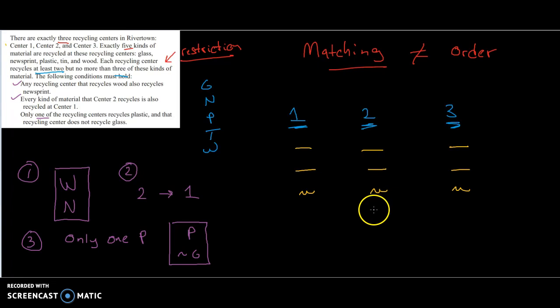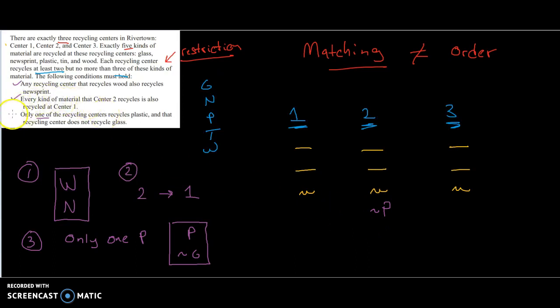I can deduce that 2 cannot have P. Because if we can put recycle plastic in center 2, we have to also, according to rule 2, recycle plastic in center 1. But then that would violate rule number 3. So that means we know for sure that we are not allowed to put plastic into recycling center 2.